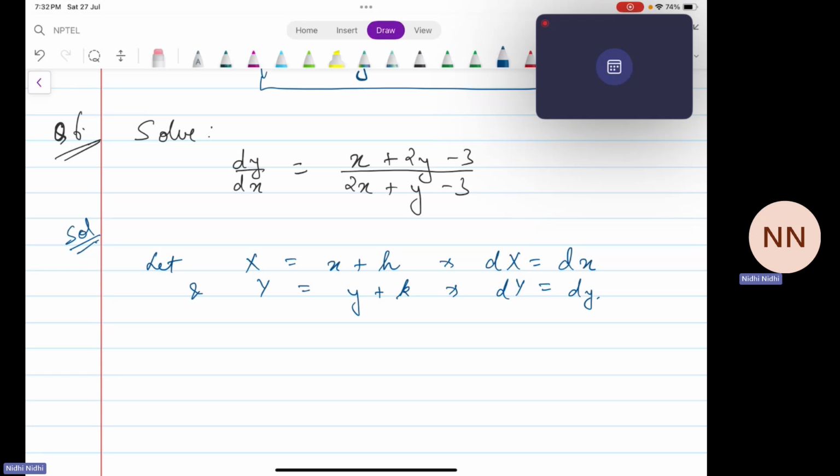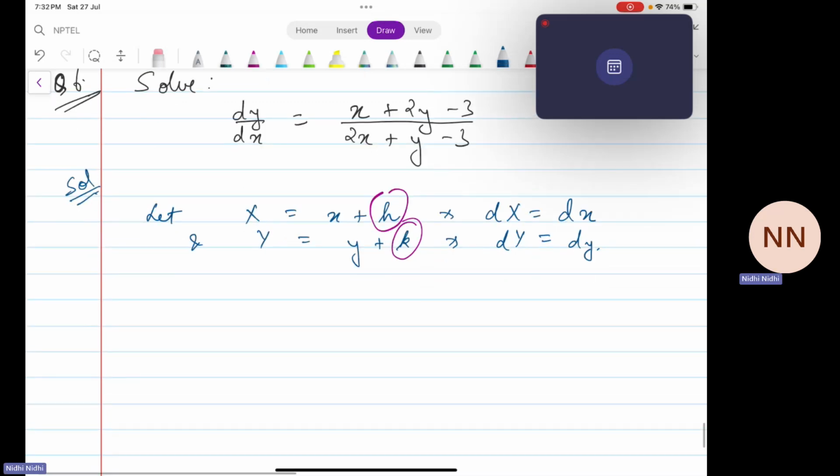Now the main important factor that will make our problem easier is the value of these h and k. We'll tactically take the values of h and k so that our problem becomes of the homogeneous type. So let's see how we'll do that.